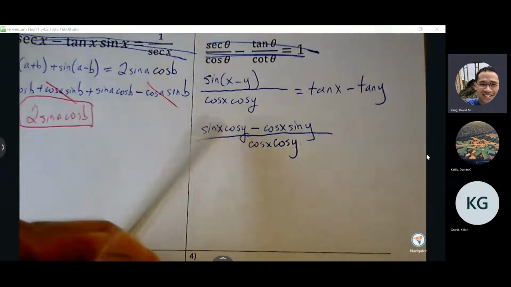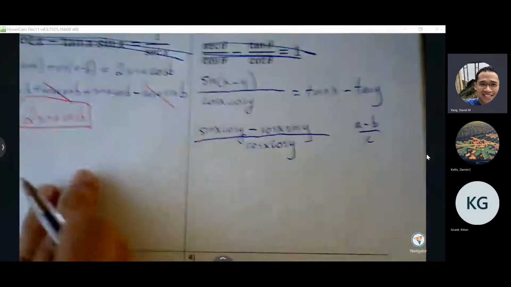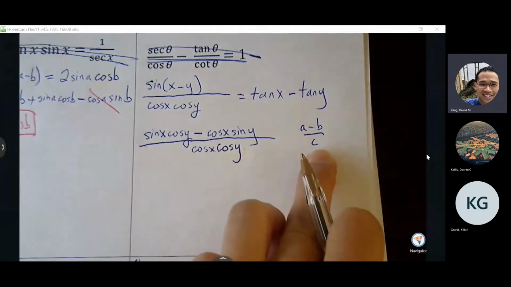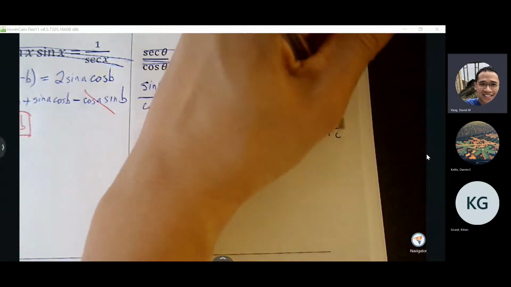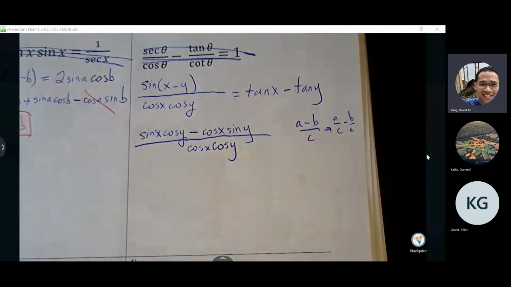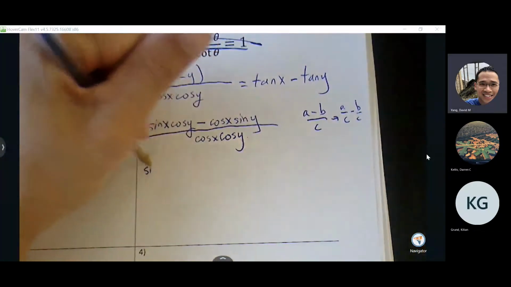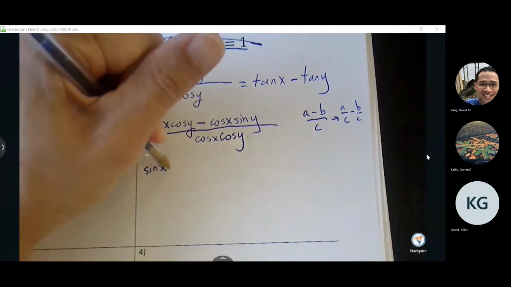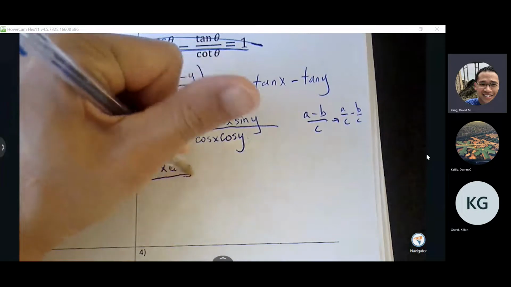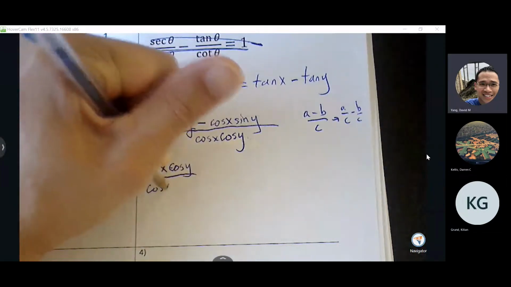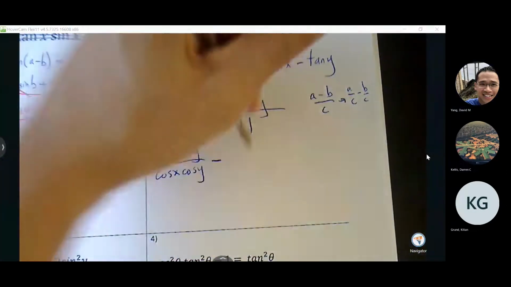So this is really in the form of a minus b over c. If I have a minus, as messy as it looks, it's basically a minus b over c. I can split this up into a over c minus b over c. That's what I'm going to do. So even though you may not see the end, you know you're moving in the right direction because you're able to split into two fractions.